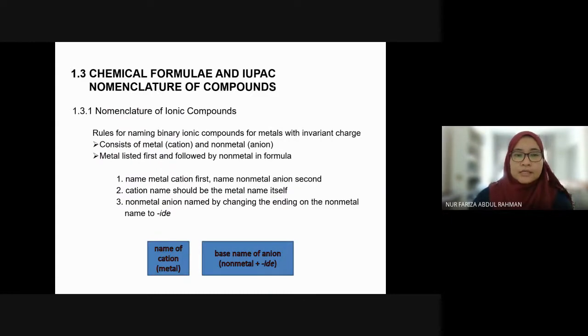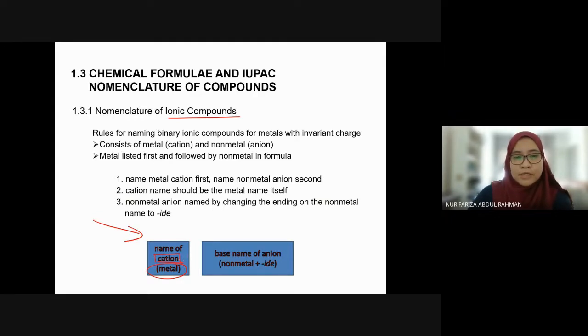So let's start with ionic compound first. Maybe we can look at the boxes that we have here. We need to name the cation first. Most of the cases, the cation comes from metal, so name the cation based on the metal's name.